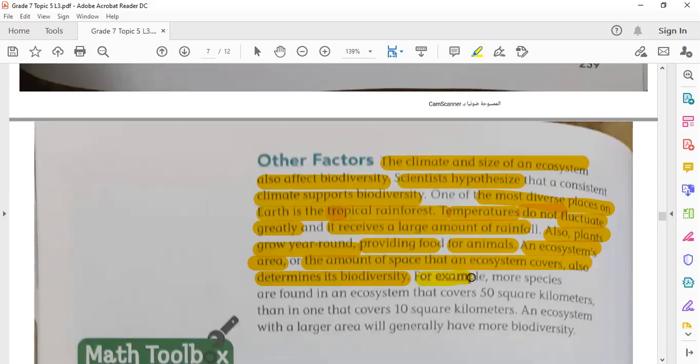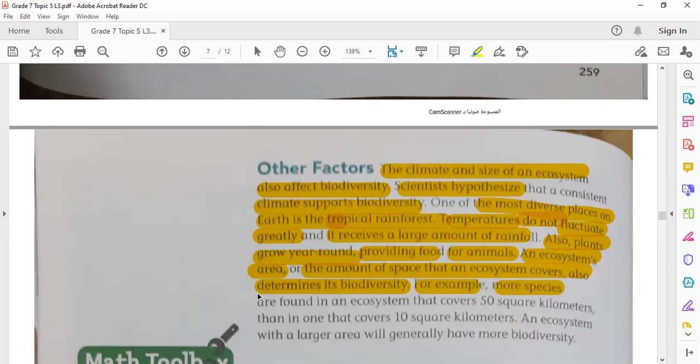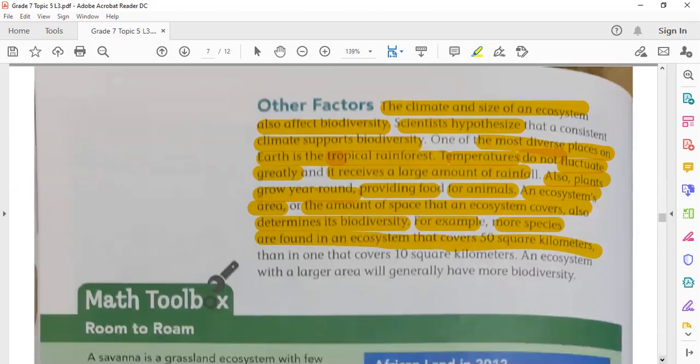For example, more species are found in an ecosystem that covers 50 square kilometers than in one that covers 10 square kilometers. Notice that this ecosystem covers 50 square kilometers, but the second ecosystem, 10 square kilometers.